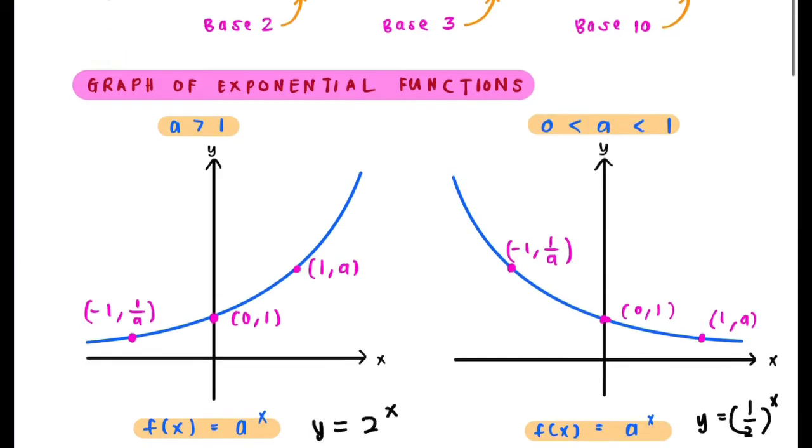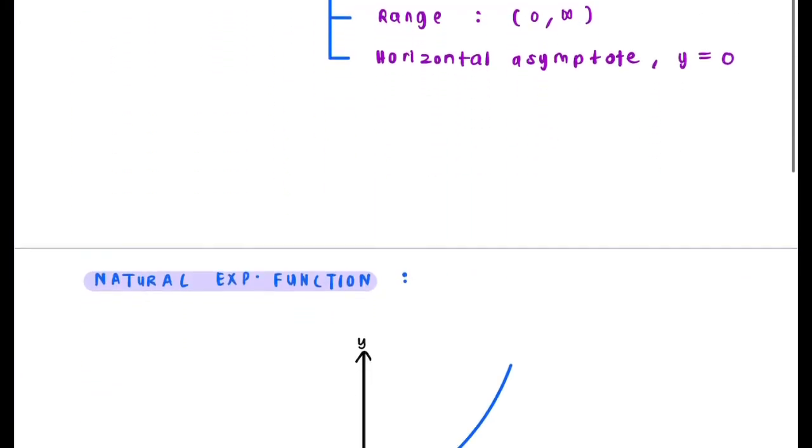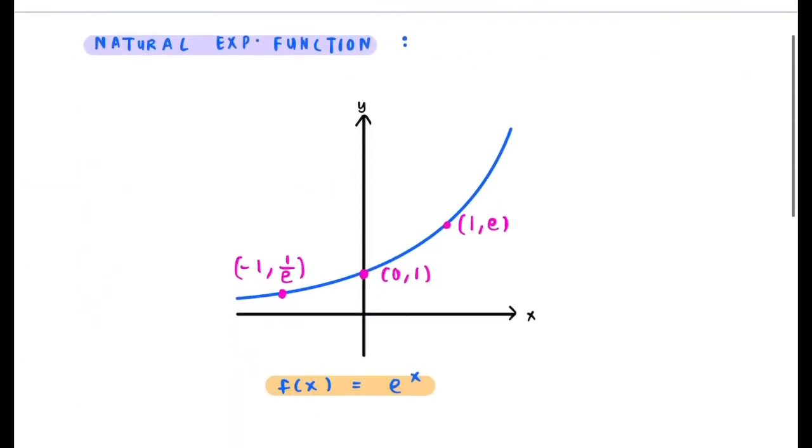And then the third graph that you have to know is the natural exponential function graph. Natural exponential function here means your base of the exponent is e. If you press your calculator, your e value here will be equal to 2.718 something.